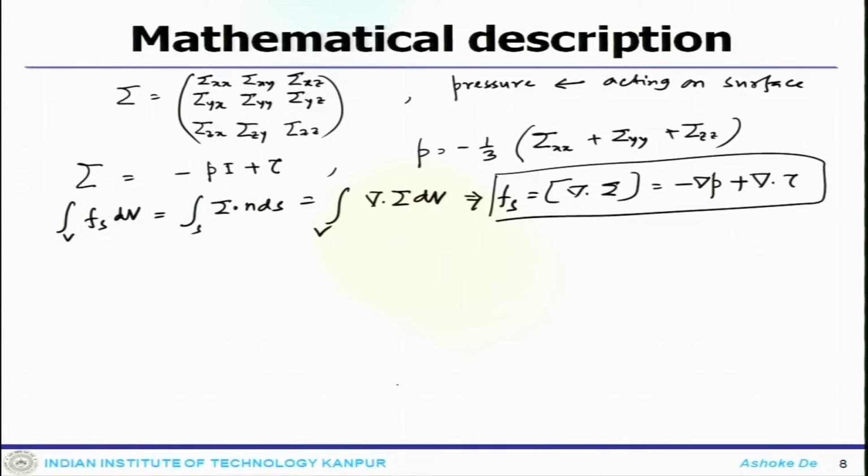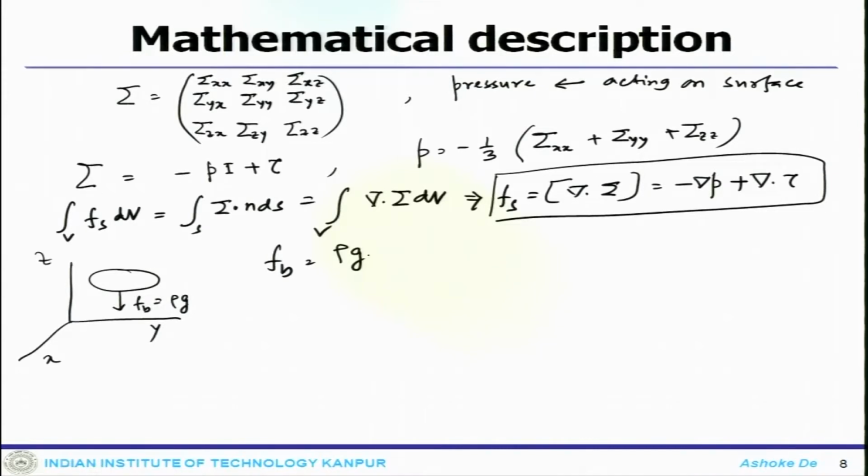Now, the body force in the system: Fb is nothing but my direction.